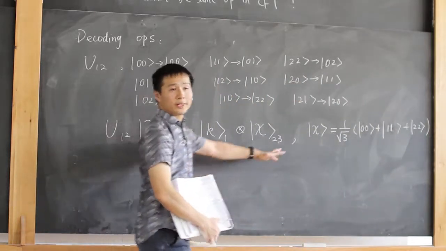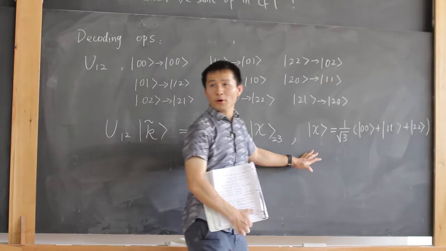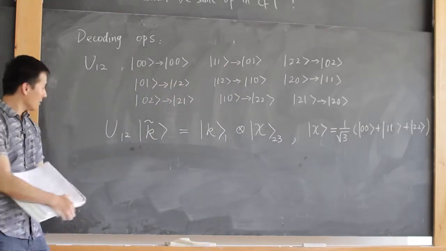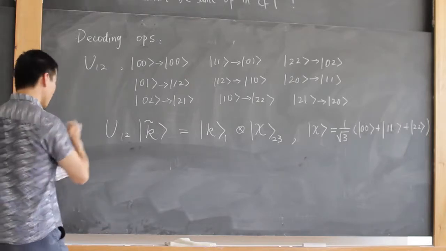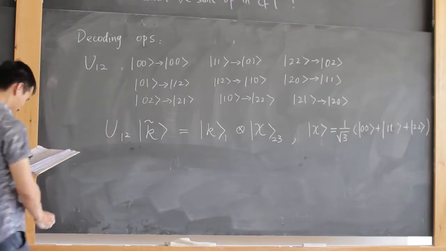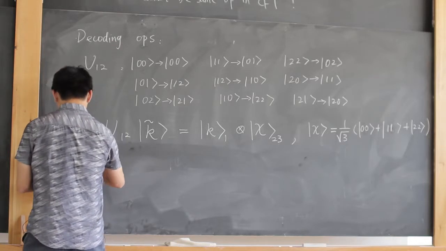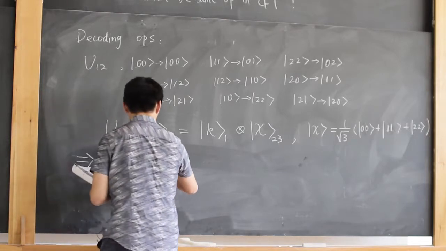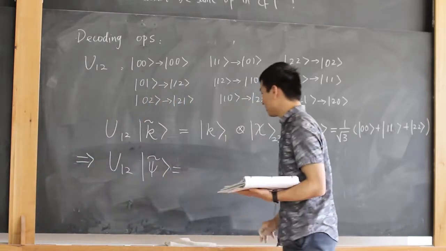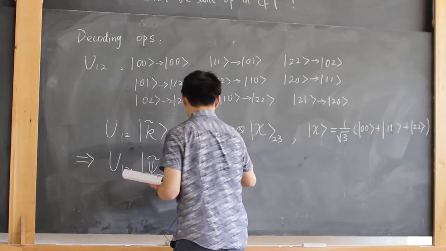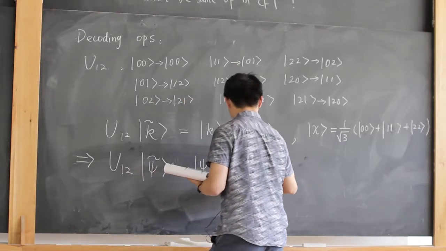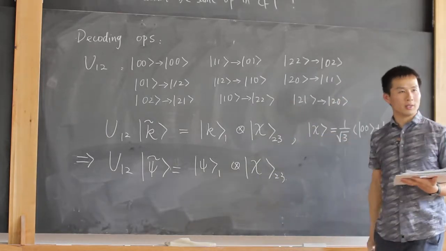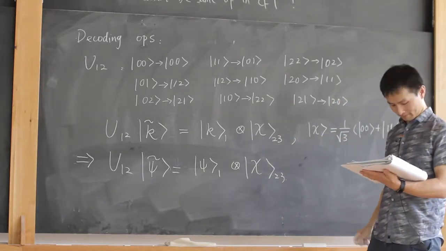It's not super important what chi is. The important thing is chi does not depend on k. So another homework problem is to check this. And from this, we can immediately recover any state that Alice sends by using the U12 operator, just by making a linear combination of the previous formula.